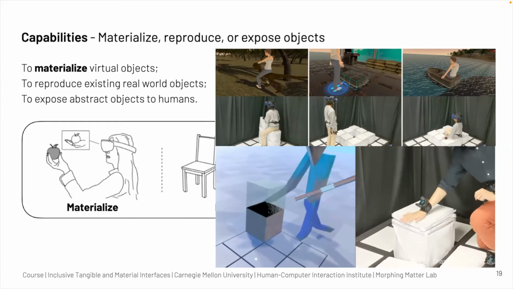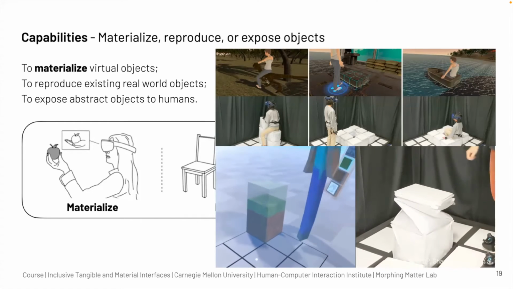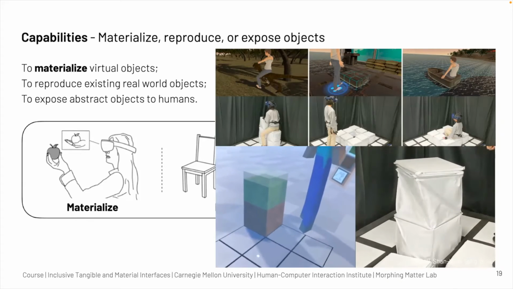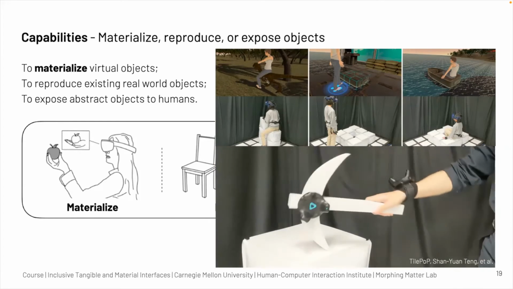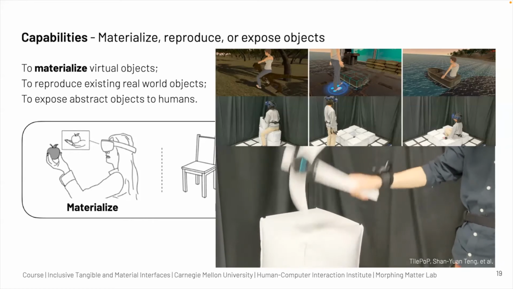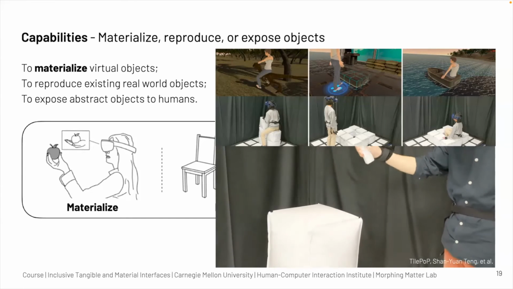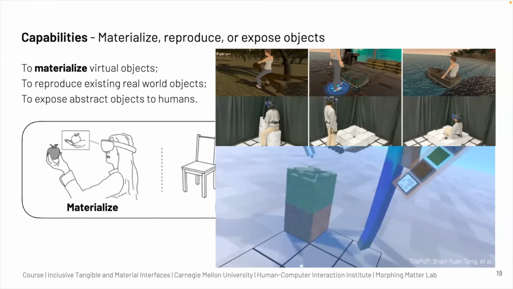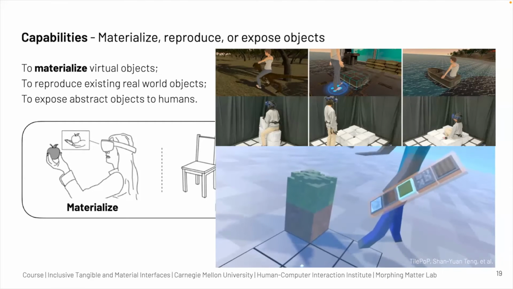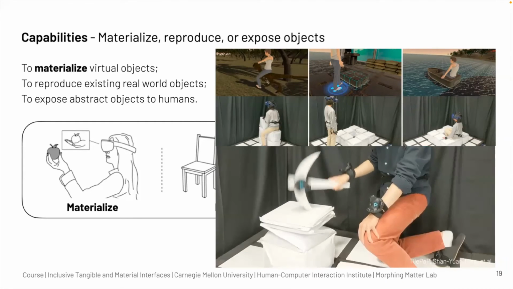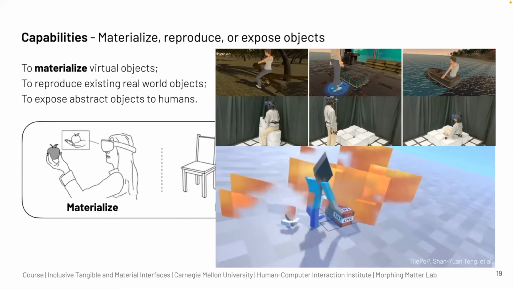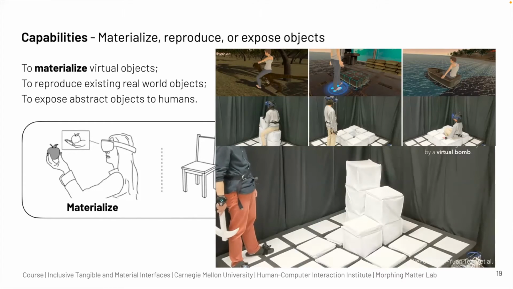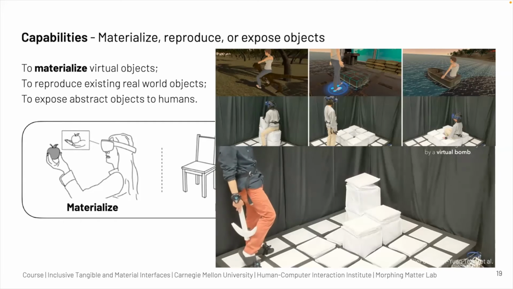As you can see, when the user creates a virtual cubic block in the virtual world, a real cube pops up in the physical world. And vice versa, when the user wants to destroy a block in the virtual world, the physical block will disappear. So yeah.